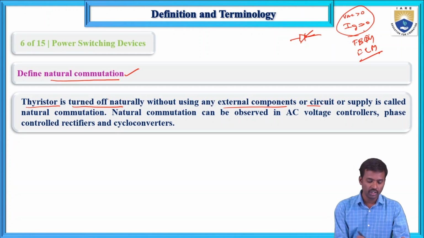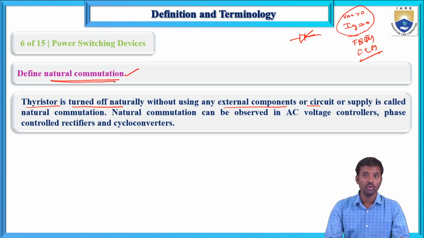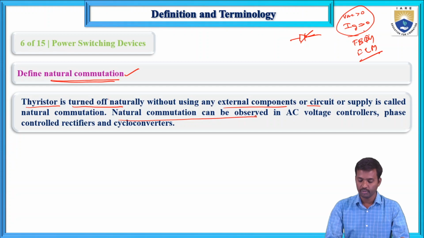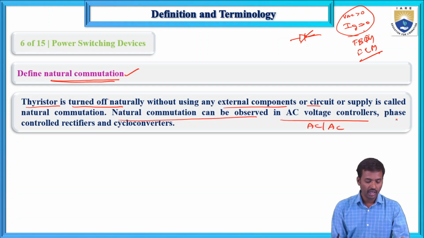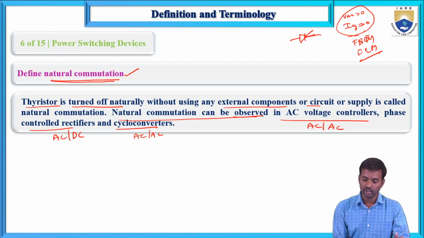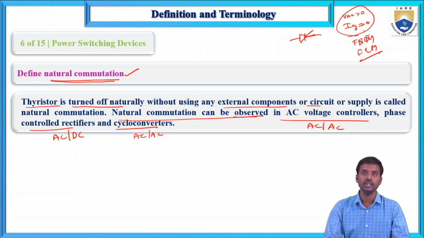Natural commutation is used only for AC circuits, such as AC voltage controllers AC to AC, phase controlled rectifiers AC to DC, and cycloconverters AC to AC. When the input is AC, we can observe natural commutation.